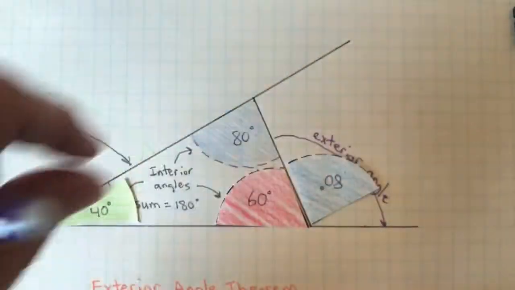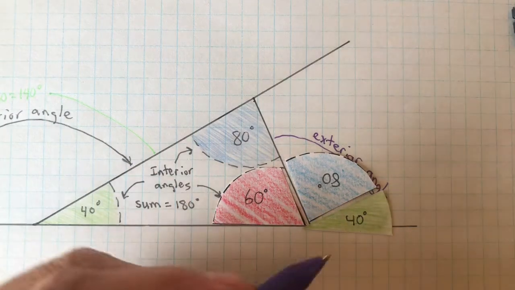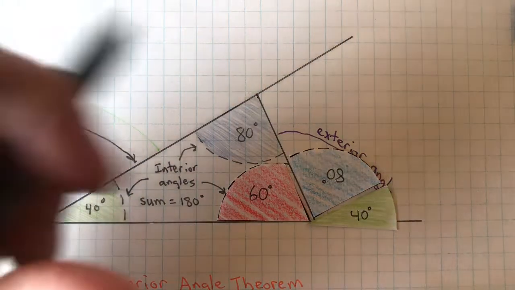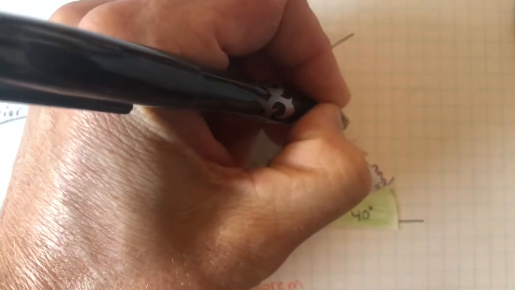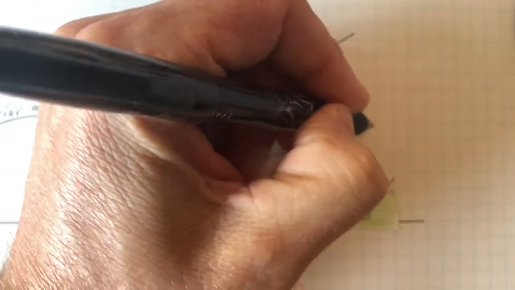So we take that angle and that angle, and you can see that it matches up. So we have 80 plus 40 equals this exterior angle, which would be 120 degrees.